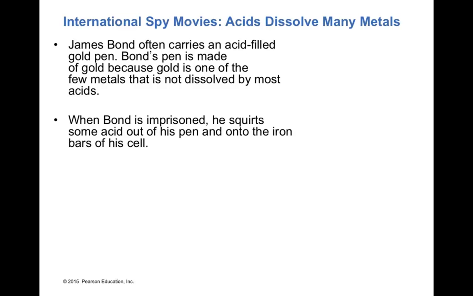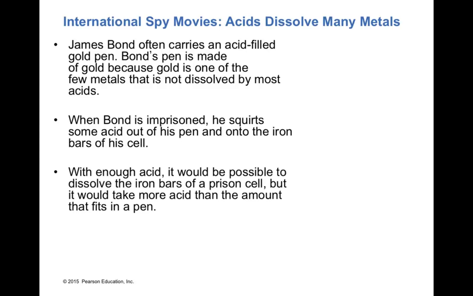When Bond is imprisoned, he squirts some acid out of his pen and onto the iron bars of his cell. With enough acid, it would be possible to dissolve the iron bars of a prison cell, but it would take more acid than the amount that fits in a pen.